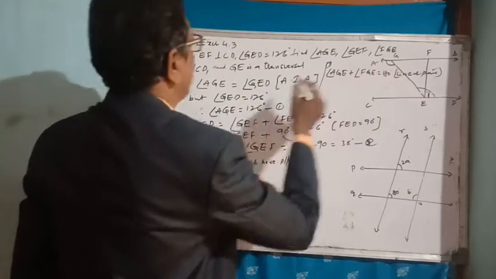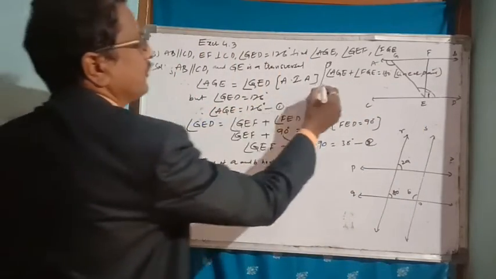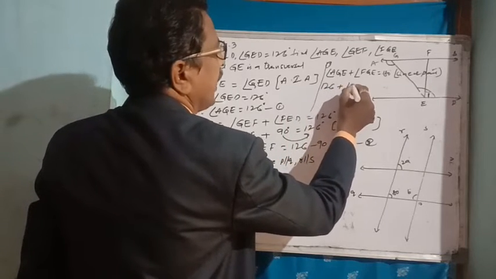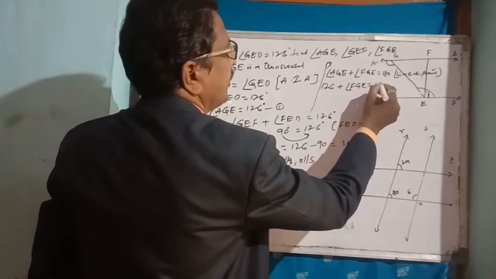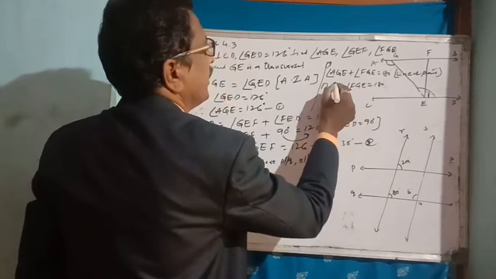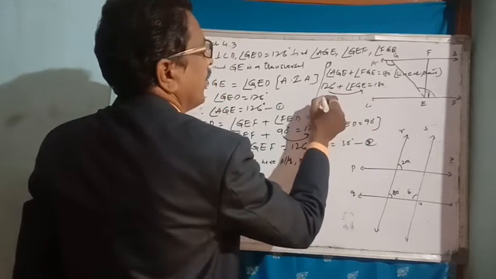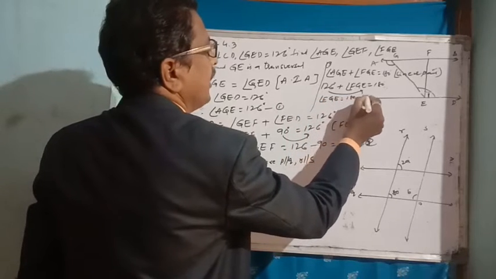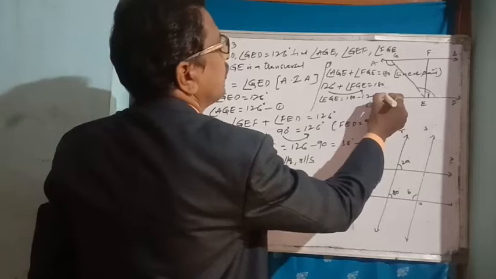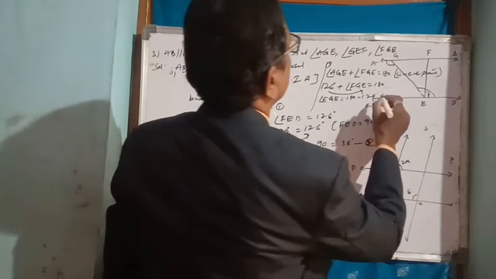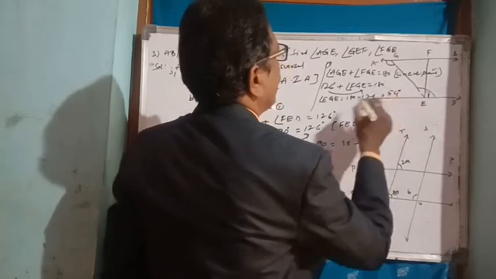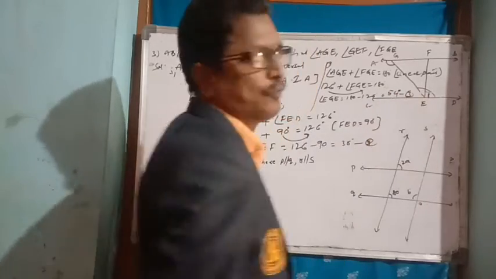AGE is equal to 126, so 126 plus angle FGE is equal to 180 degrees. On the right side, angle FGE is equal to 180 minus 126, equal to 54. This is the third answer.